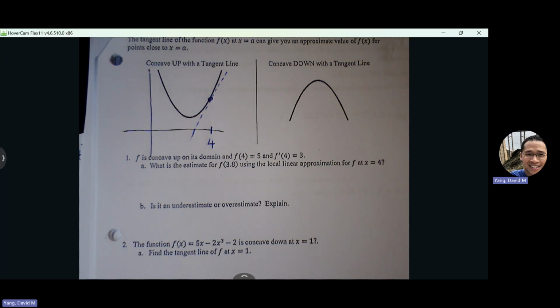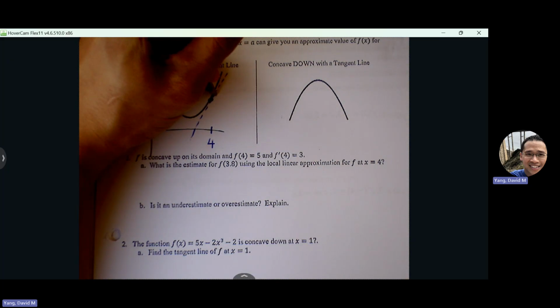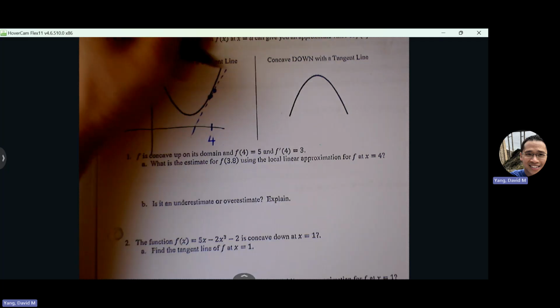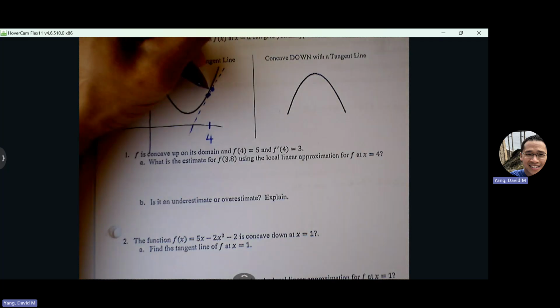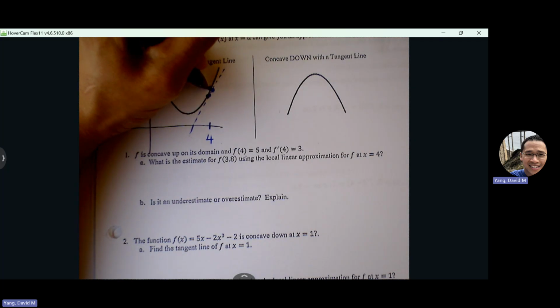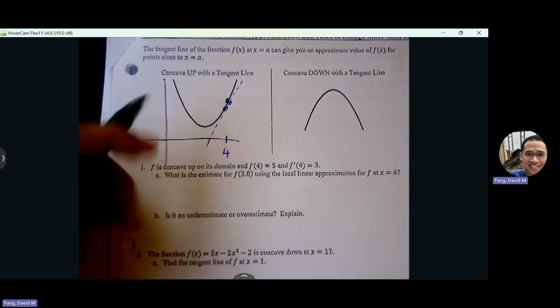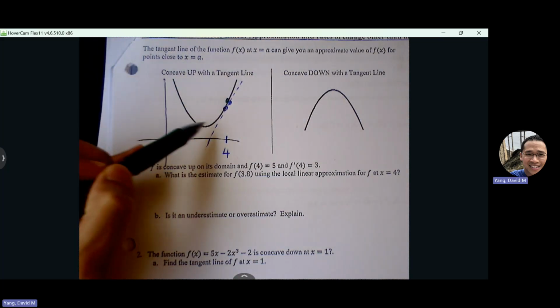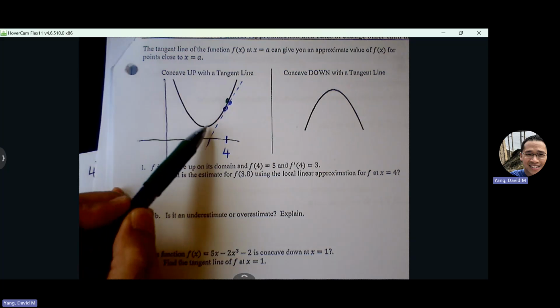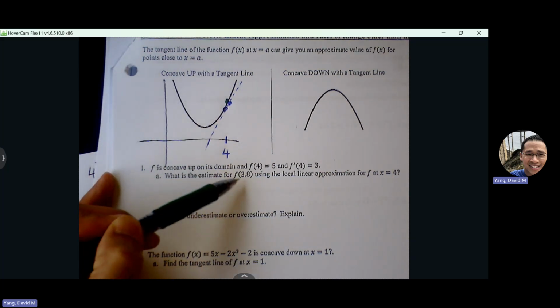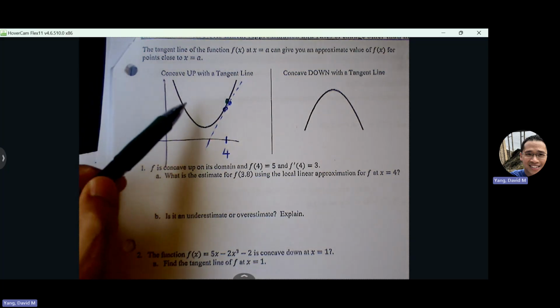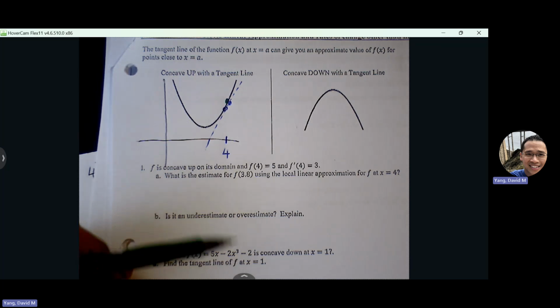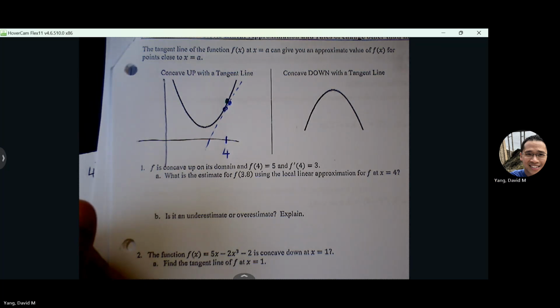So you can imagine, right, a point that is 4.1 on the graph will give you this point, but then 4.1 on the curve will give you this point. And the thing I want to highlight is that anytime you have a graph that's concave up, no matter where that tangent line is, if you want to do any approximation with that tangent line, is that approximation going to be above or below the actual value?